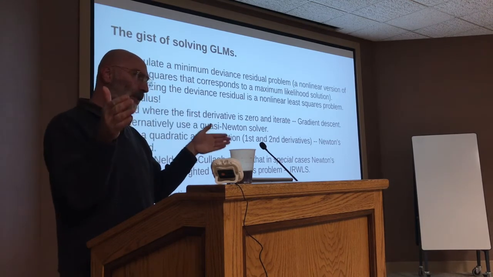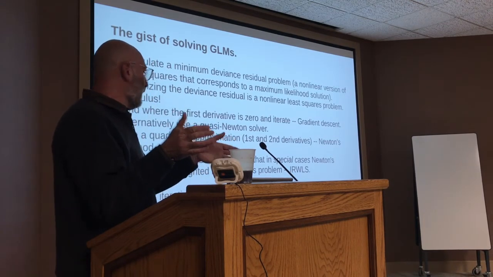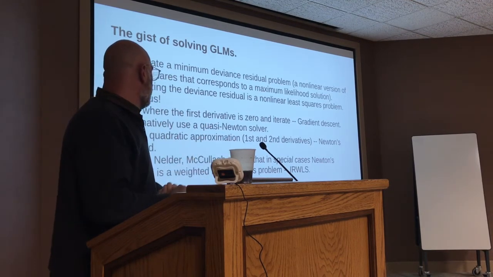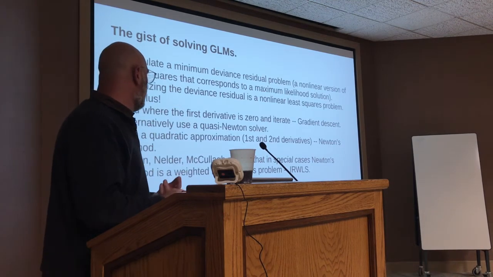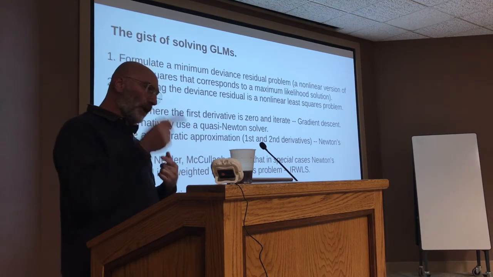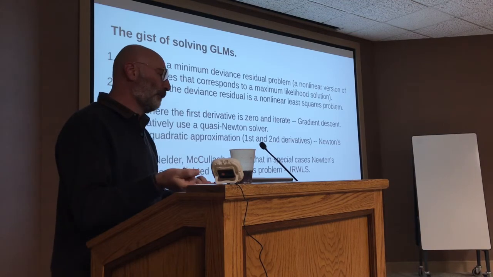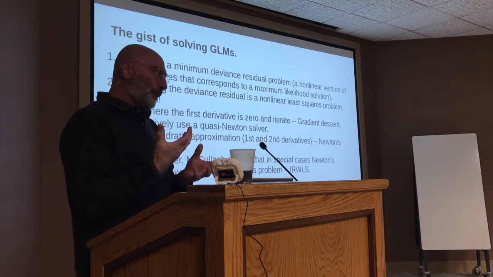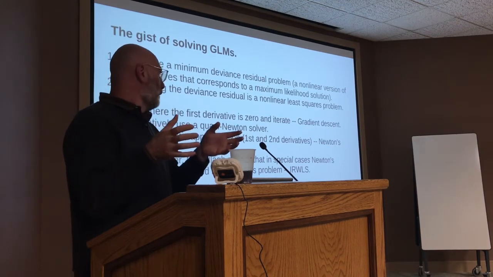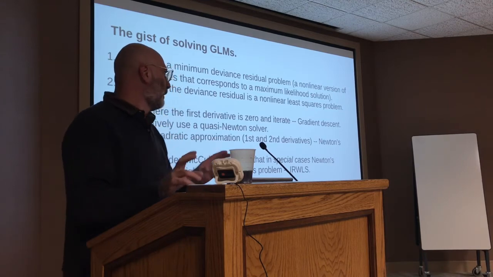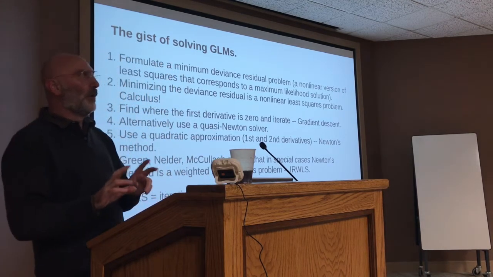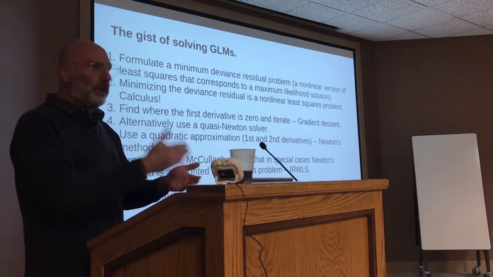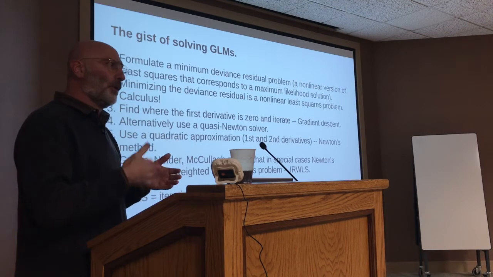So it takes a Taylor expansion, takes the first 2 terms, and that's called Newton's method. And then these guys, P.J. Green and John Nelder and Peter McCullagh, when they were looking at the math, the calculus for this stuff in the 80s, they realized that in some very special cases, not every case to be sure, Newton's method has the exact form of a weighted least squares problem that's iterated over and over again.